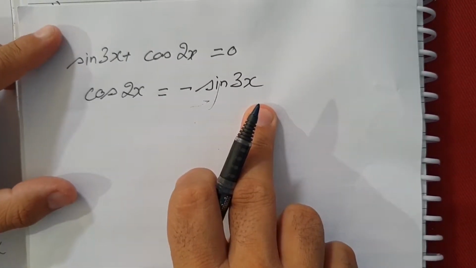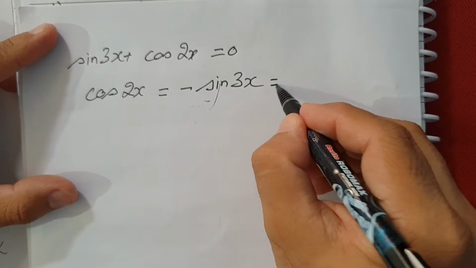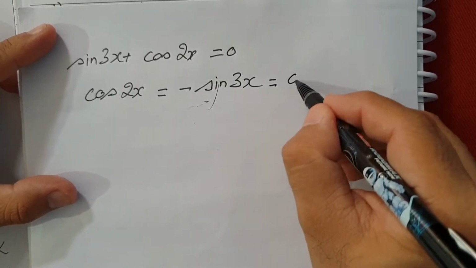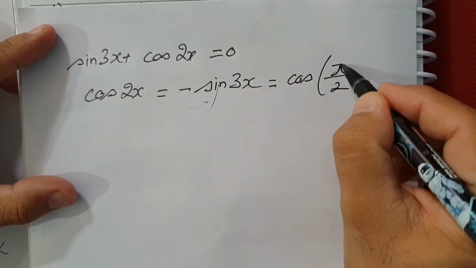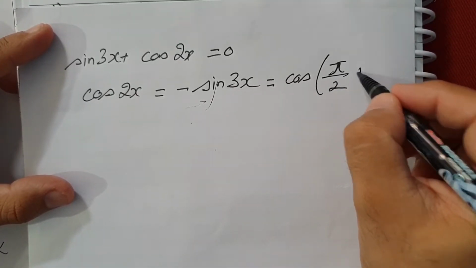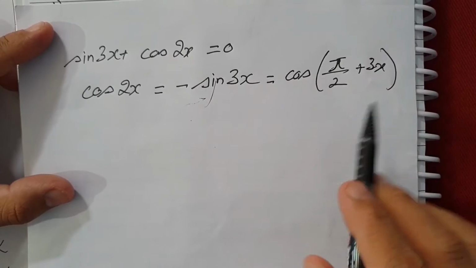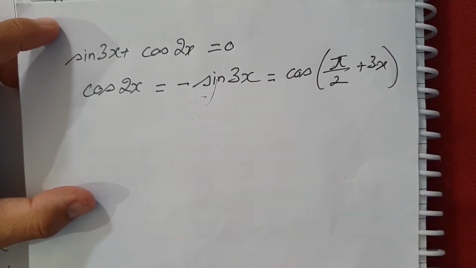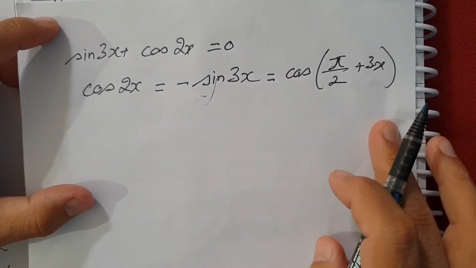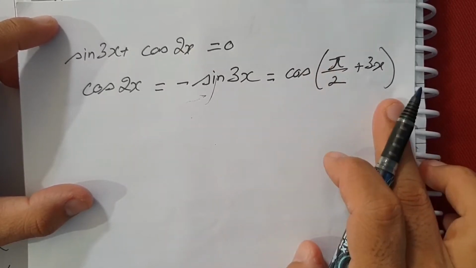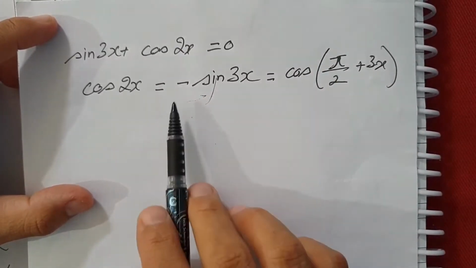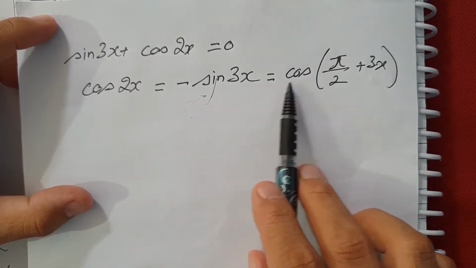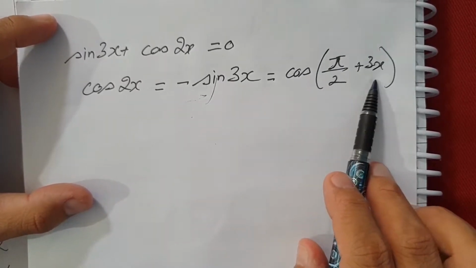Now look carefully, this can be written as cos of pi by 2 plus 3x. Pi by 2 plus 3x will take it to the second quadrant, and in the second quadrant cos is negative. So cos of pi by 2 plus 3x changes to sin 3x with a negative sign. Hence minus sin 3x, you can write as cos of pi by 2 plus 3x.